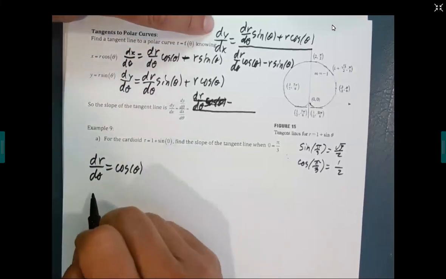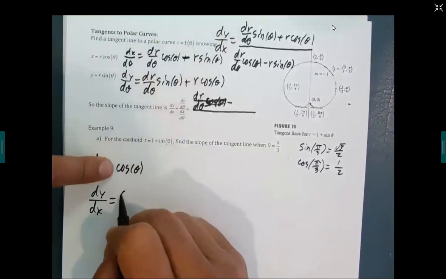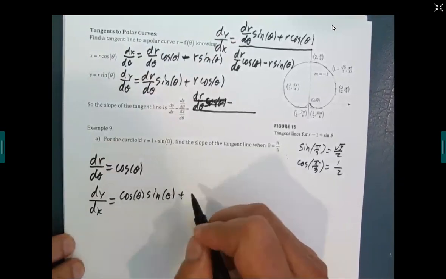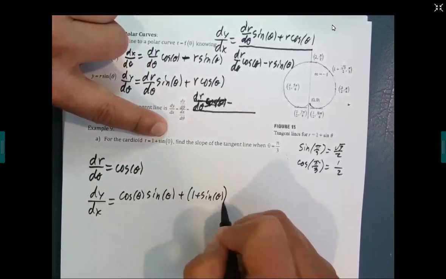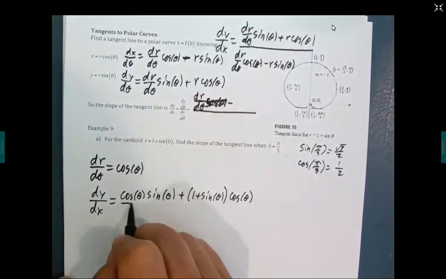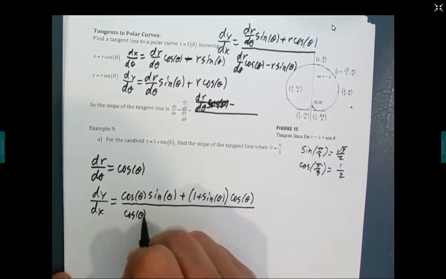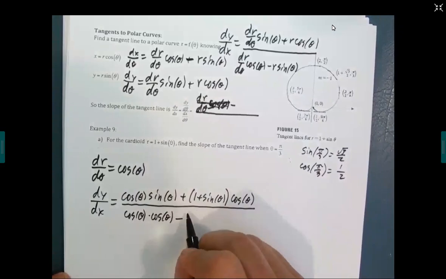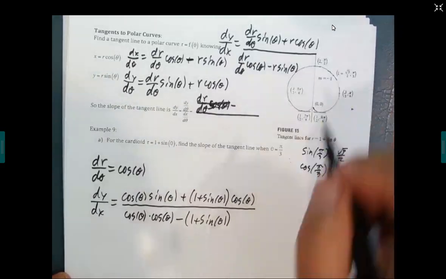So now let's apply this. dy dx. dr d theta, which is cosine theta, times sine theta, plus r, which is this, times cosine theta, over dr d theta, which is cosine theta, times cosine theta, minus r, which is 1 plus sine theta, times sine theta.